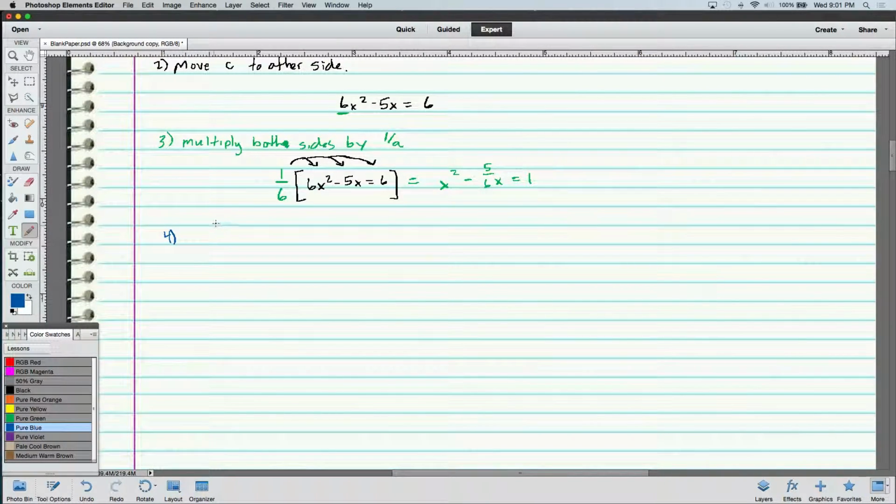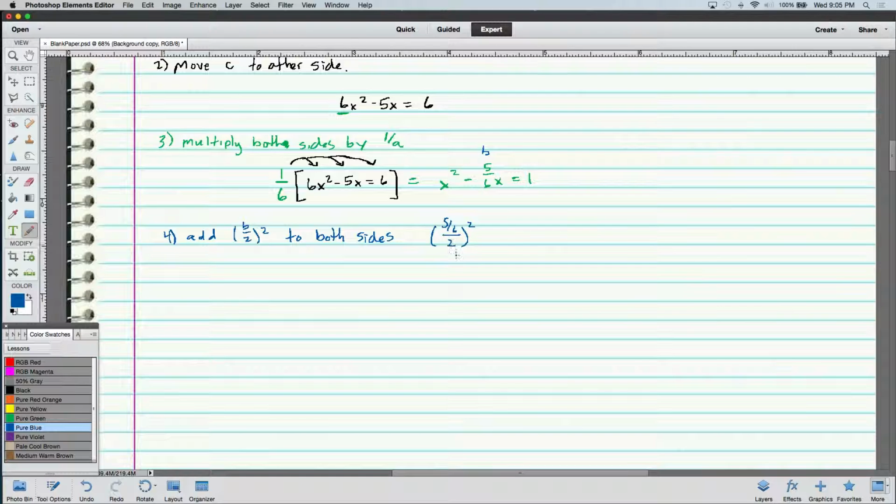Step number 4, we are going to add b over 2 squared to both sides. So what is our b now? Well, our b is now our 5 over 6, so we want to add 5 over 6 divided by 2, squared. And how do you divide fractions?